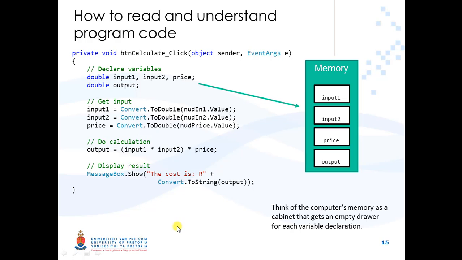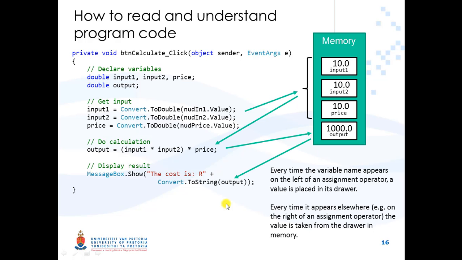You can think of memory as a kind of filing cabinet with a few drawers, and each variable has its own drawer in this filing cabinet. So here, when we declare the variables, new space in memory is allocated for each of those variables.